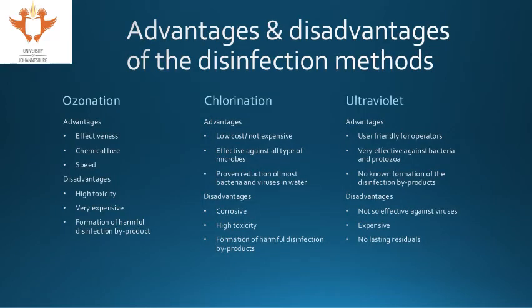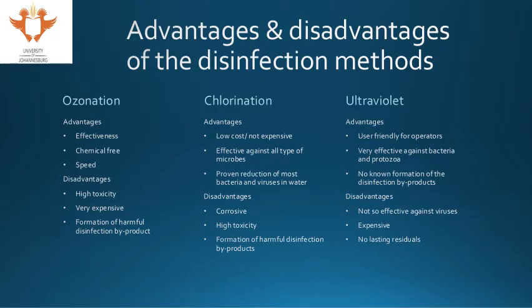These are the advantages and disadvantages of the disinfection methods: the ozonation process, chlorination process, and ultraviolet process. And from these advantages and disadvantages, we can conclude that the most commonly used method for disinfection is chlorination.